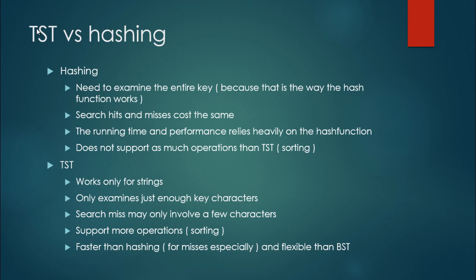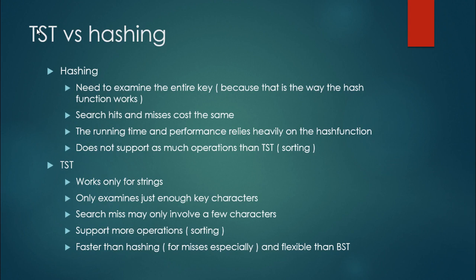So search hits and misses cost the same in a hash map. The running time and performance rely heavily on the hash function, and it's not very good if we rely heavily on the hash function, because in practice we are not able to construct these hash functions perfectly. So it doesn't support as many operations as a ternary search tree, for example, sorting.